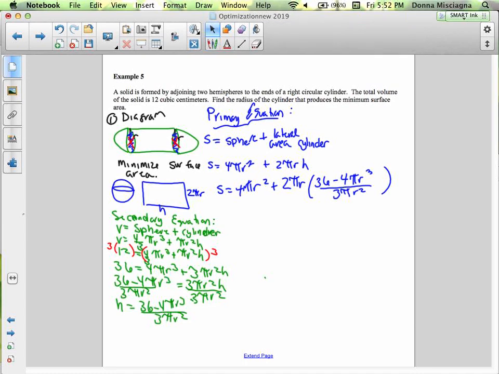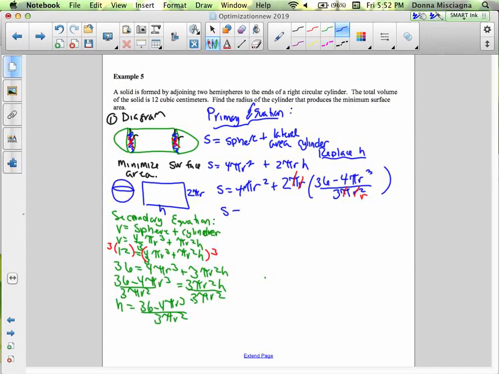All right, so we can do a little simplifying there. And all we did here is we just replaced h, so that we would only have one variable, just r's. Right? And so the pi will cancel, and this r will cancel. And that one will just become an r. And that's all the canceling we can do. So we'll distribute, simplify, and then take the derivative.